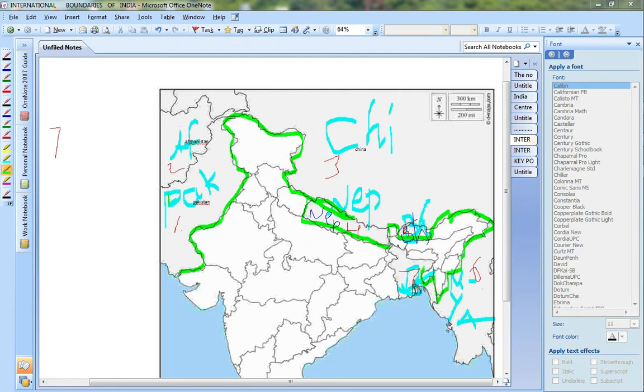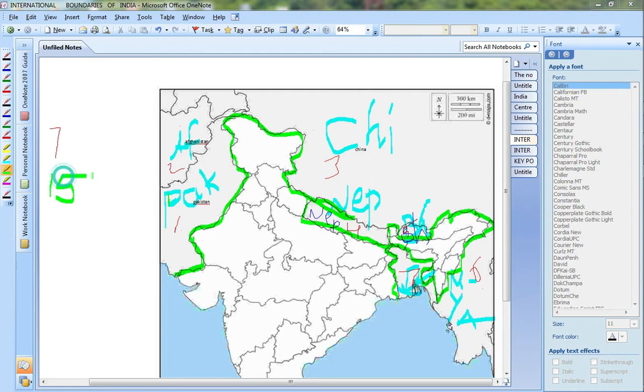Our northern part of India is covered with mountains and hills, right? Now, what is the length of this international boundary line?